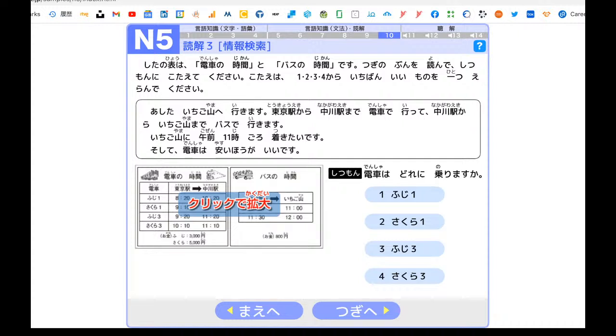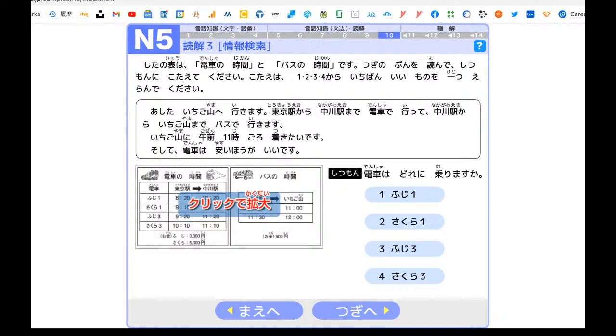And then this time, we see the information of the train and bus. Okay, and don't forget.